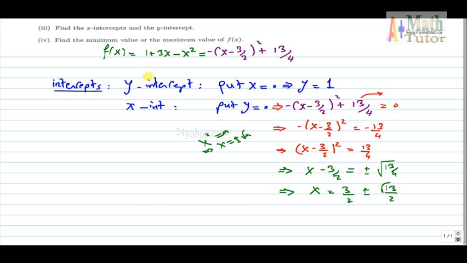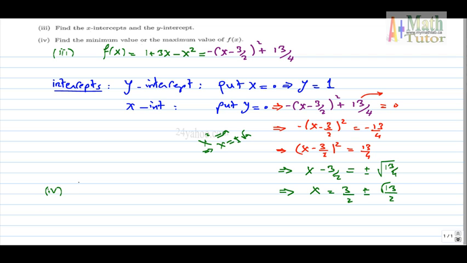So we got one intercept on the y-axis, and we call it the y-intercept, and we have two intercepts on the x-axis, and they are called the x-intercepts. However, if you feel that you need more clarifications, you can always refer to our math video explanation section related to this topic. This was part 3, so we proceed to part 4.